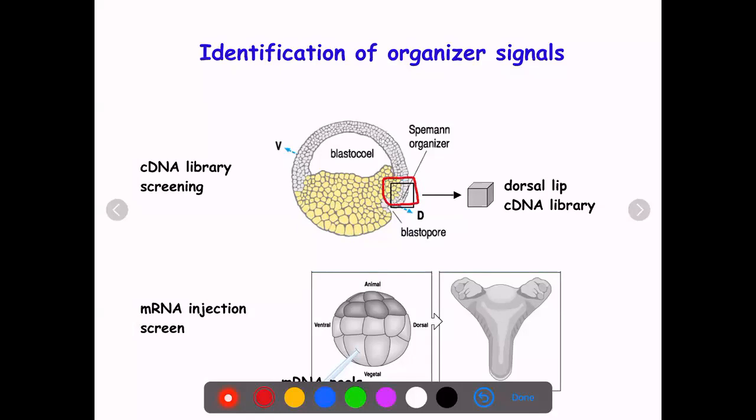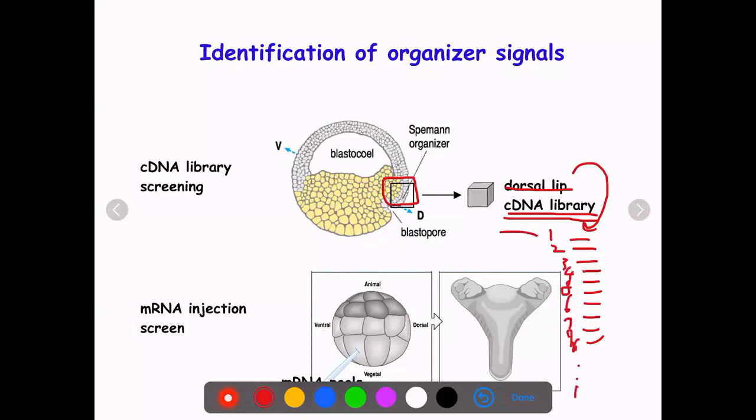There are so many different things about it; dorsal lip we're gonna talk about in lecture 19 or lecture 20 or something. From the dorsal lip, they isolate, grind it up, isolate mRNA, copy it to cDNA, and then make a library. There are so many different genes specific to the dorsal lip, 1, 2, 3, 4, 5, 6, 7, 8, 9, so many.